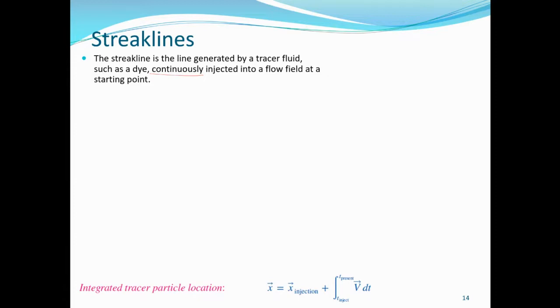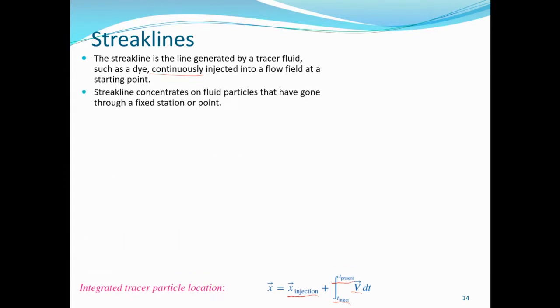The mathematical expression of the streakline is similar to that of the path line. This is the position vector for the injection point, and once you know the velocity field, you integrate it with respect to the time of injection and the present time.